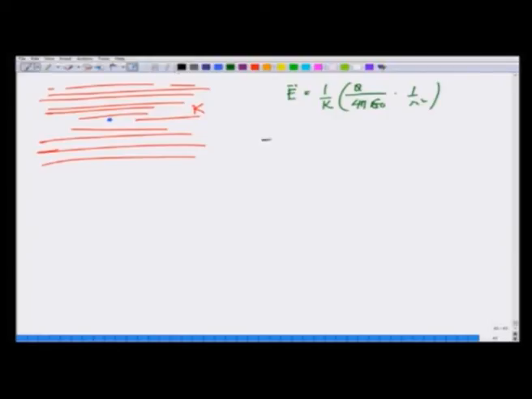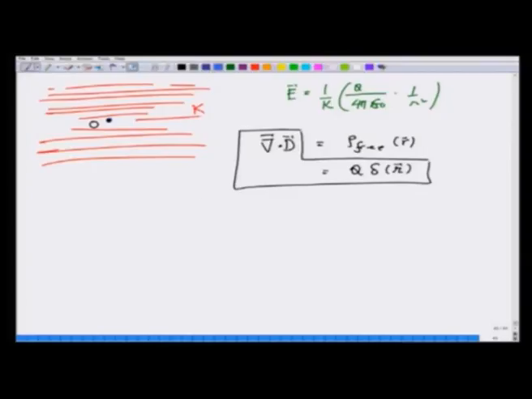I have divergence of D is equal to rho free at R. Let us take this point to be the origin, right. So, then I can write this as Q delta of R. That is my equation 1.